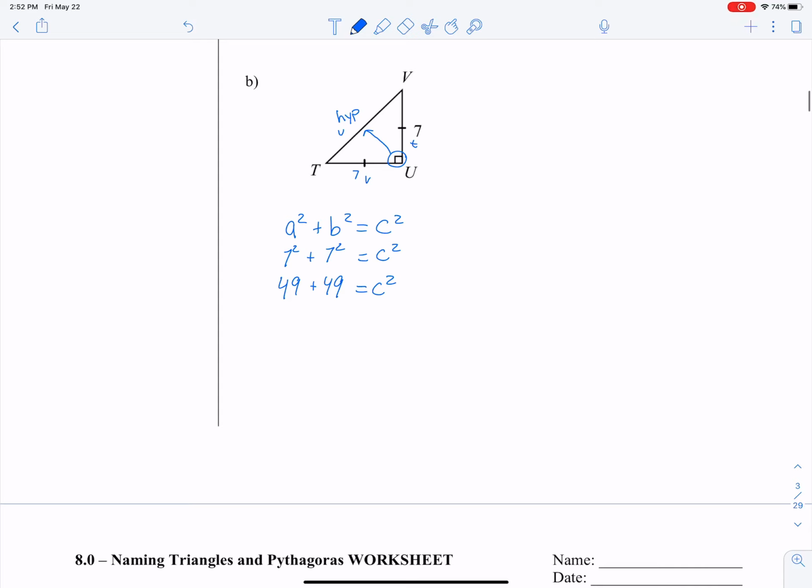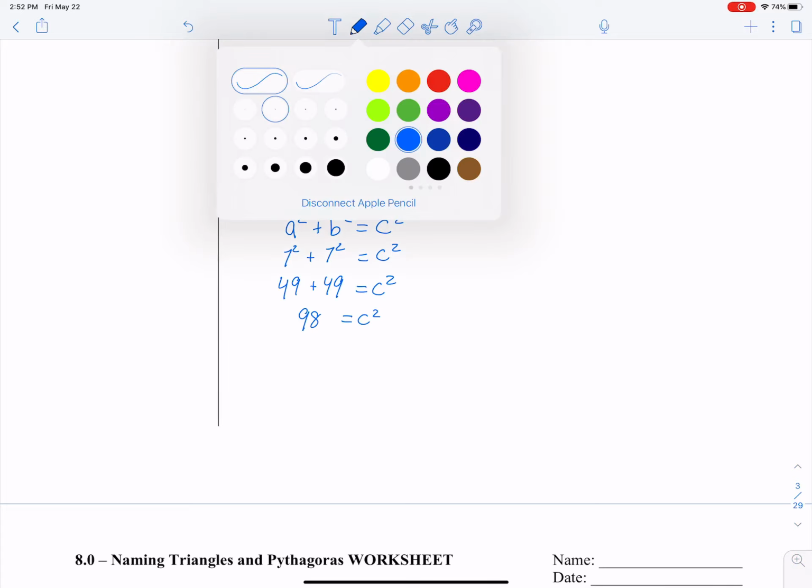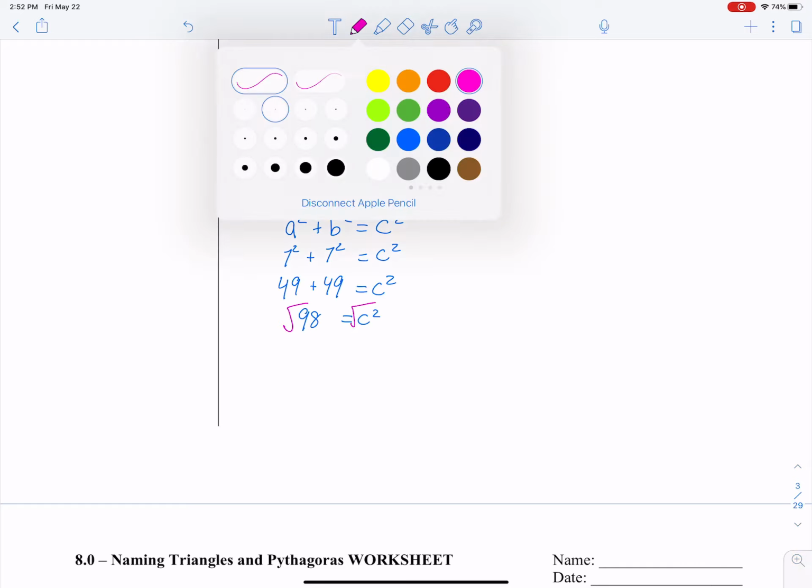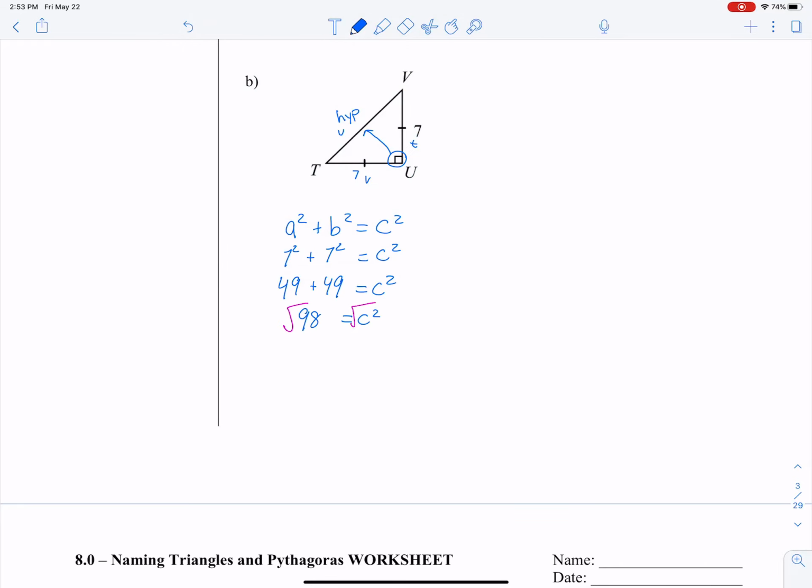Add up those 49s together. 98 is equal to c squared. And then I don't want it to be squared. So I'm going to do the opposite of square, which is square root. I'll square root both sides. And then I'm going to find out what that is, again rounded to the nearest tenth.